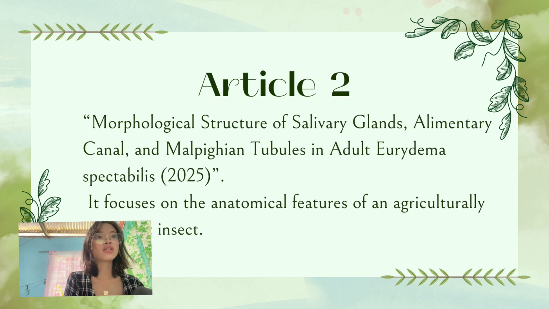So for Article 2, morphological structure of salivary glands, alimentary canal, and malpighian tubules in adult Erthesina fullo. So this article focuses on the anatomical features of an agriculturally important insect.